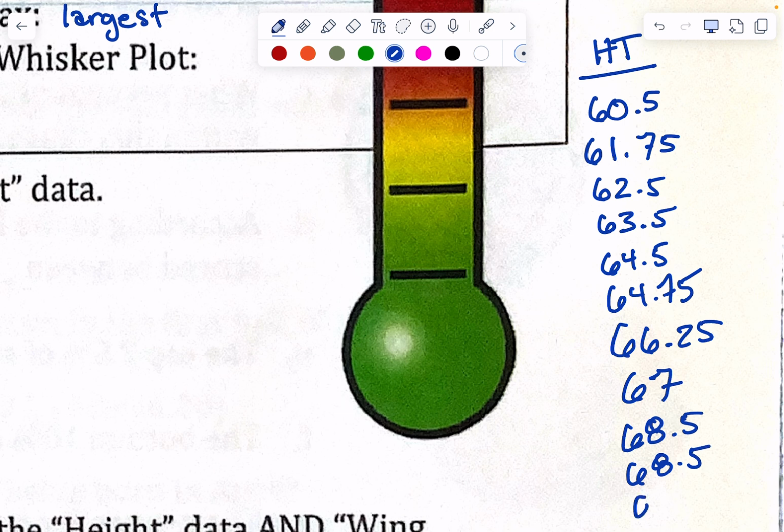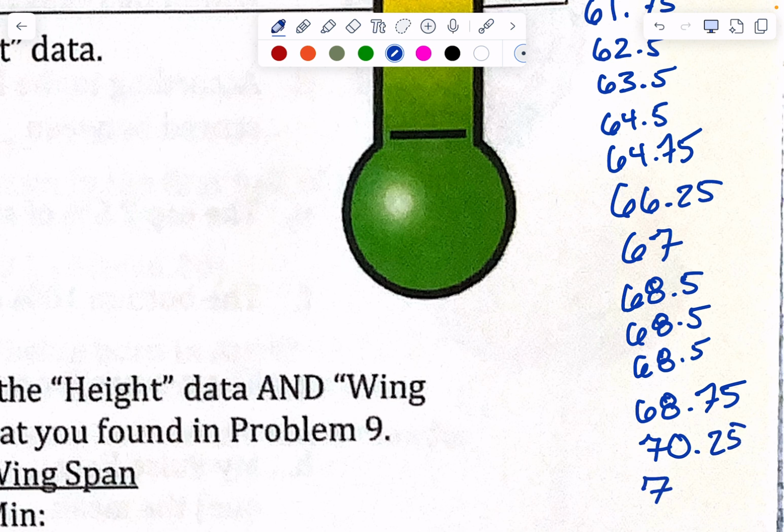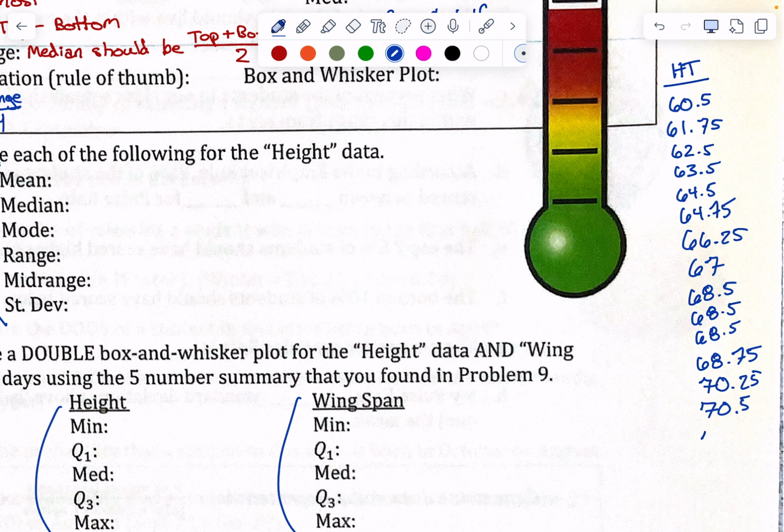I think I know what the mode is. There you go. There they are.